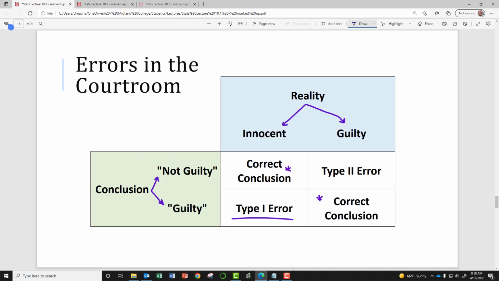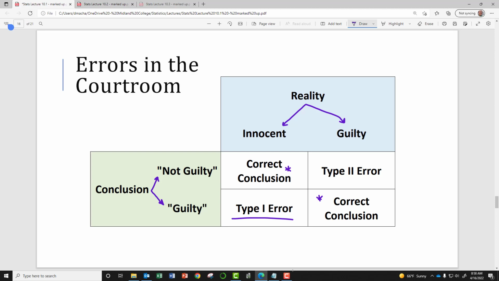In other words, when your null hypothesis is true and by mistake you have determined that the alternative hypothesis is true, that's what we call a type 1 error. You incorrectly side in favor of the alternative hypothesis.